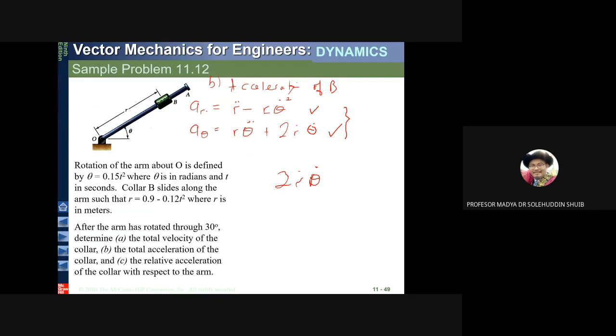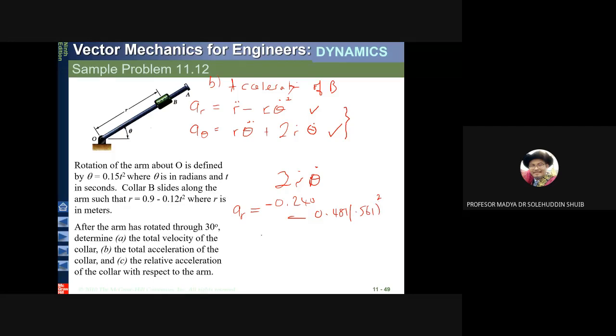Starting by finding AR. You substitute R double dot, the one that you have differentiated just now, which is minus 2.40, minus 0.481 times 0.561 square.